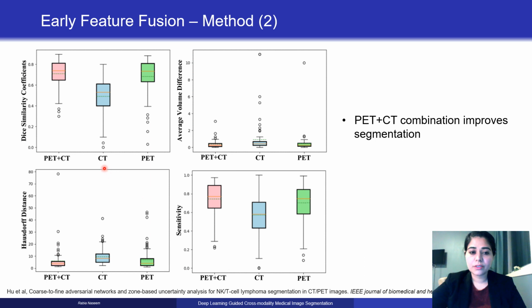When CT is used, the results are worst, and even with PET, the results are not as good as the combination of PET-CT. In case of average volume difference and Hausdorff distance, the lower value indicates better segmentation results. So when the PET and CT combination was used, Hausdorff values are lowest compared to CT alone or PET alone.